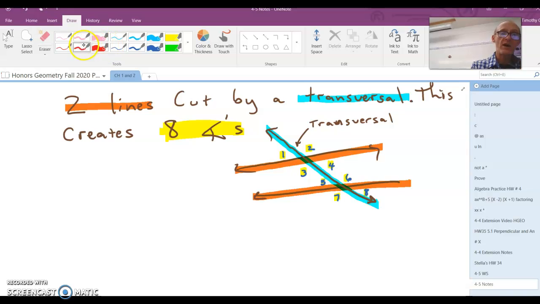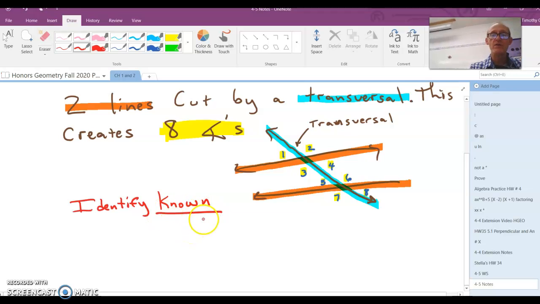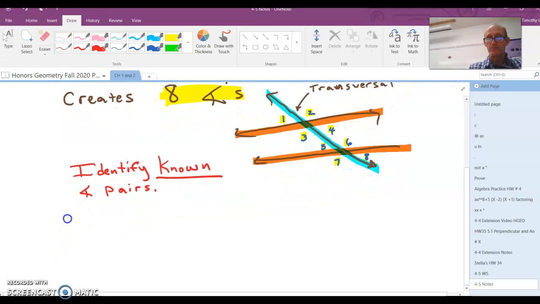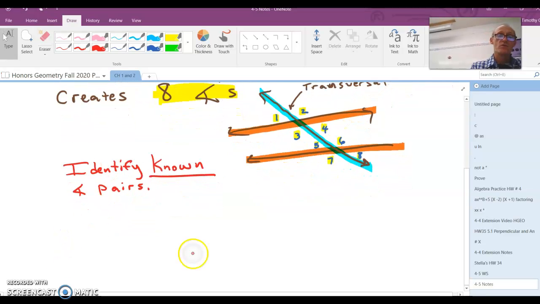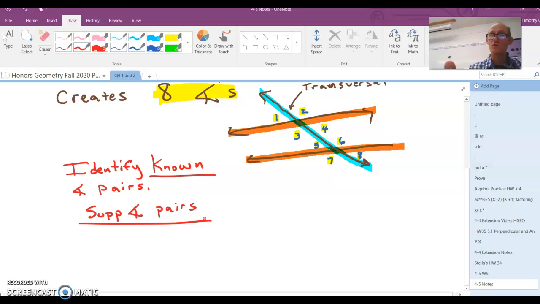So we want to identify previously known angle pairs. There's a lot of them. So we can talk about supplementary angle pairs.